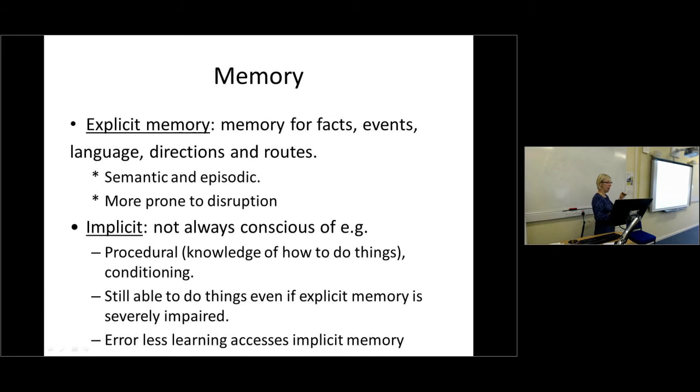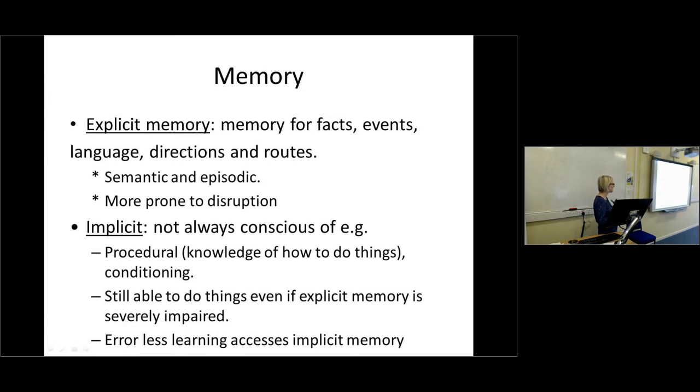The memory is quite complex. We're going to simplify it massively into these two categories, explicit memory and implicit memory, and there's a good reason why I've split it into those two categories. They're not my categorisation, that is the way we think about them, but they are more complex. So explicit memory, just think of it as the memory that you can express.